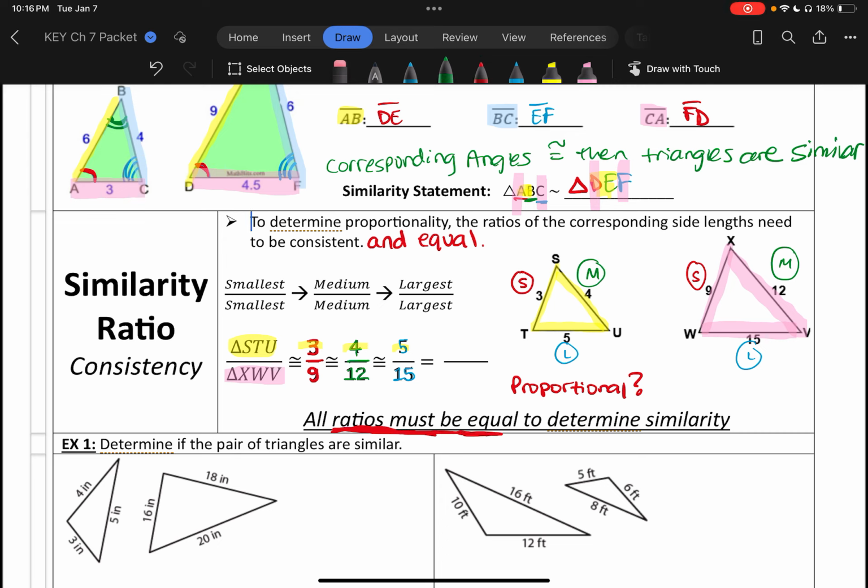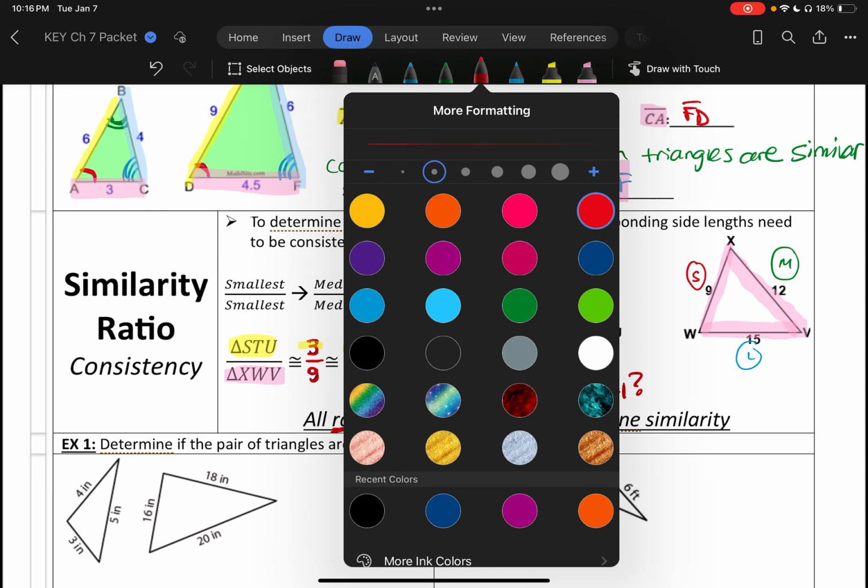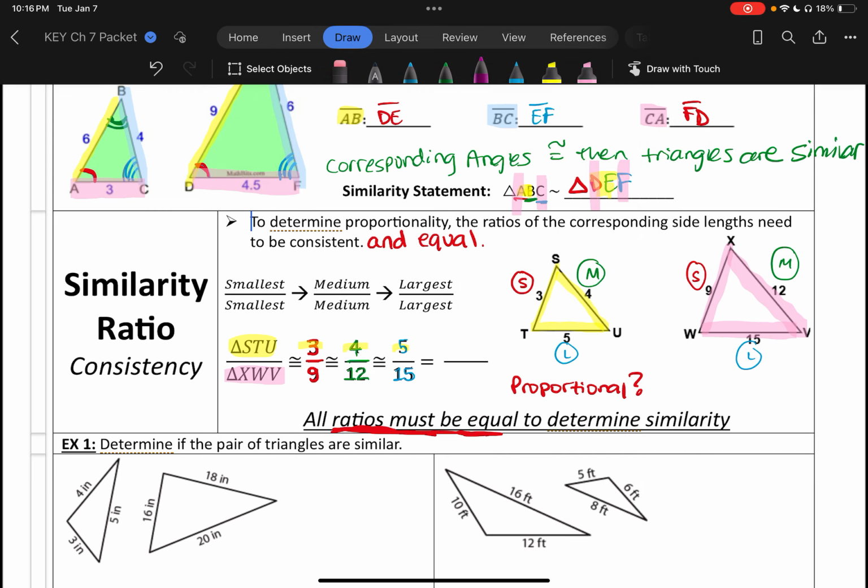So let's look at these ratios individually. I have 3/9. The way that we can tell whether or not ratios are equal is by simplifying. If I simplify 3/9, this gives us 1/3. I'm checking here, are all of these ratios equal when simplified?